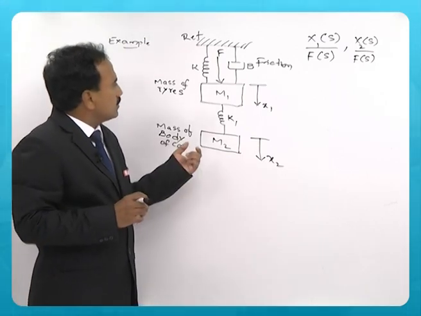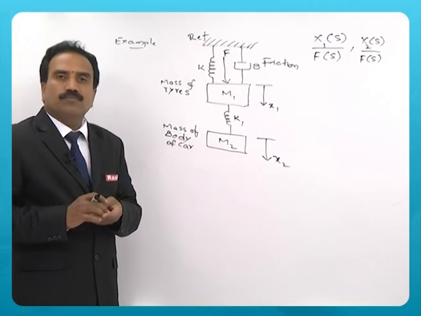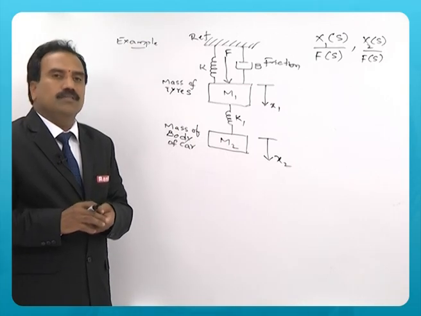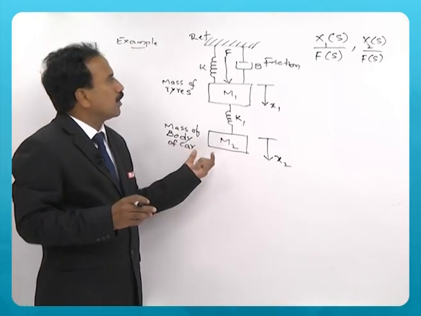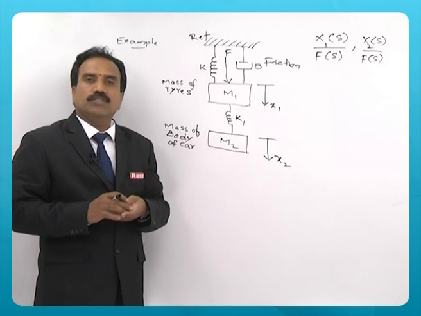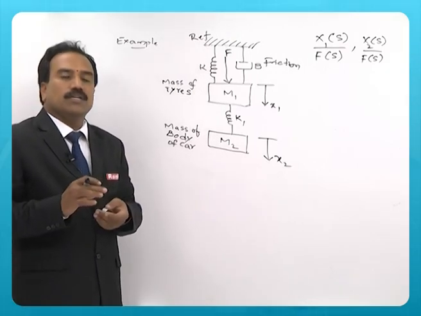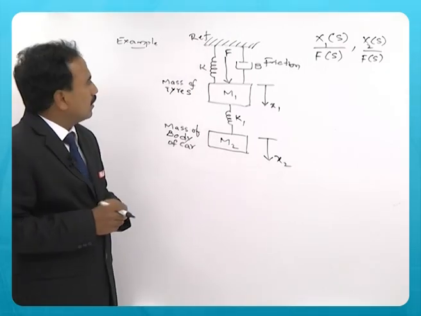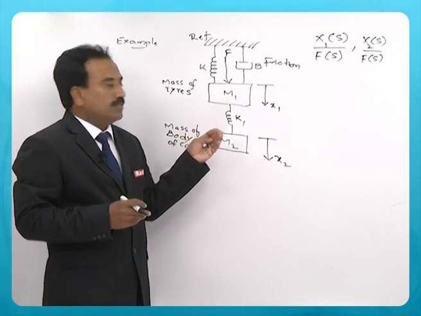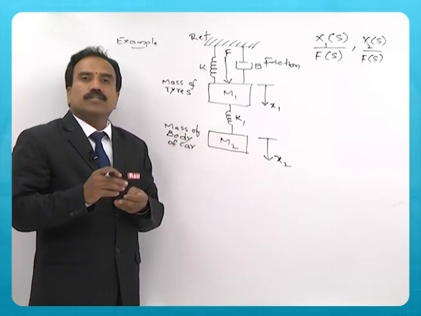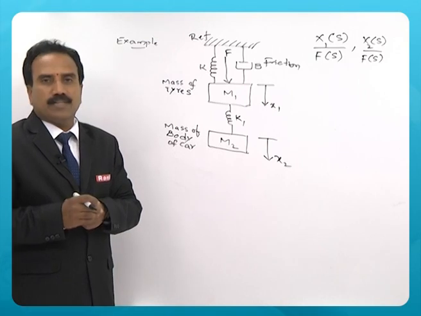So, let us redraw this diagram in a convenient way. There are two ways to solve this problem to find the transfer function. One is to draw the free body diagram, or we can convert this mechanical system into a mechanical circuit diagram.